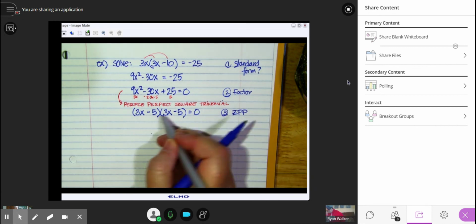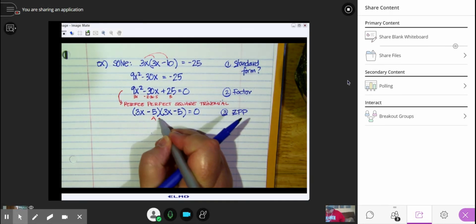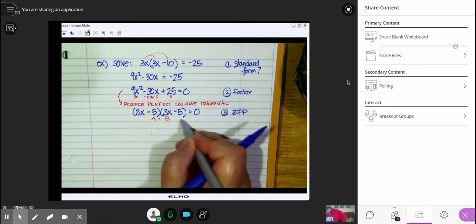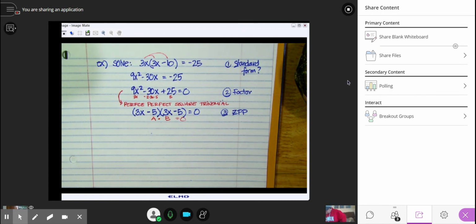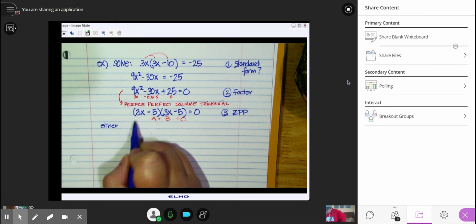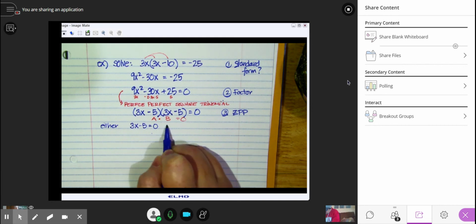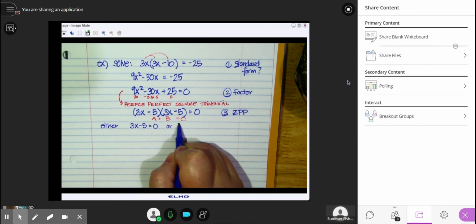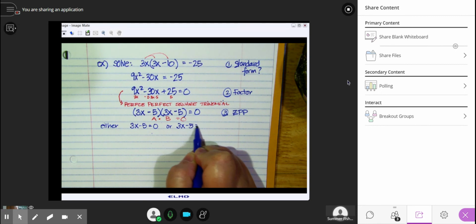Then I can use the zero product property, which says if A times B is equal to 0, then either 3x minus 5 is equal to 0, or the second factor, 3x minus 5, is equal to 0.